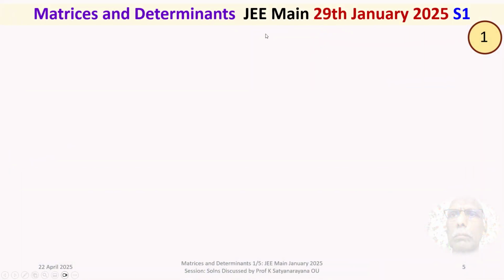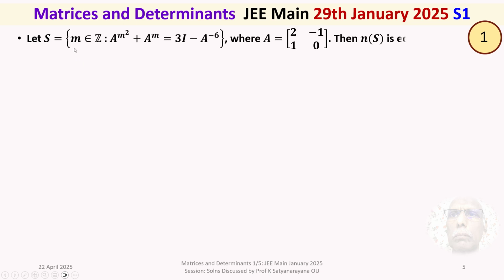This is the question that has appeared in the JEE Main exam held on 29 January 2025 in the morning shift, that is shift 1. The given question is, let S be the set consisting of M belongs to Z such that A power M square plus A power M is equal to 3I minus A power minus 6, where A is the 2 by 2 matrix whose first row is 2, minus 1 and the second row is 1, 0.